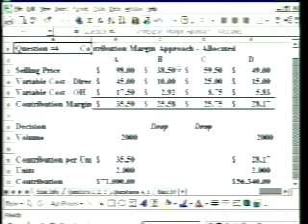If you come to the computer screen, question number 4, if you maximize margin, then remember A got relatively more of the overhead cost. We pull the overhead cost out, and now we look at just the contribution margin.